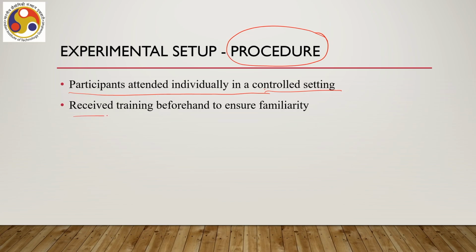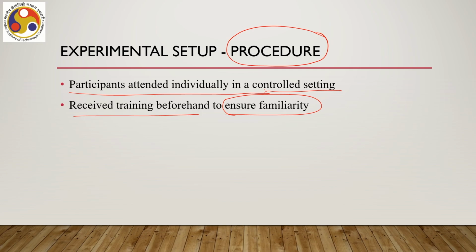They received training beforehand to ensure familiarity, training on how to use the system. A brief training session was organized for the participants, where different aspects of the system, different features, and how to use those were demonstrated to them, so that they become familiar.